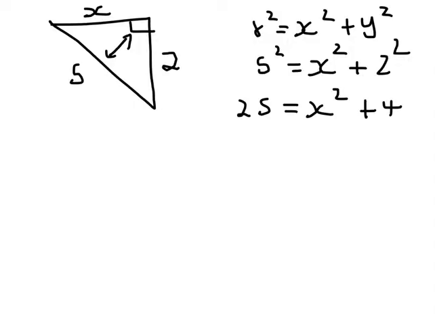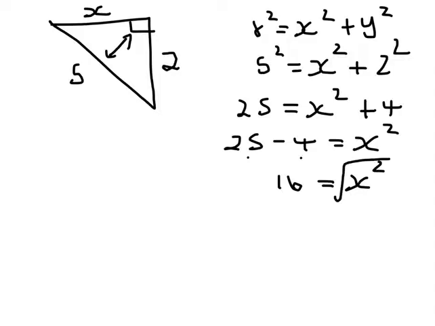So now you start solving just like I've taught you, where you make sure numbers are on one side, letters on the other side. You take the 4 to the other side, so it becomes 25 minus 4 equals x squared. That minus that is 16, equals x squared. Now you need to remove that squared. You always follow this process: square root of 16 definitely gives you 4, and that's how you've removed that squared.